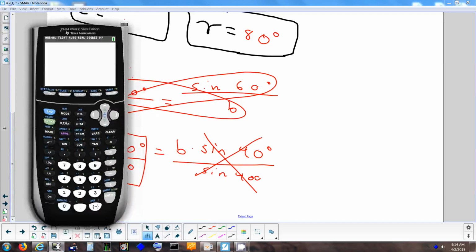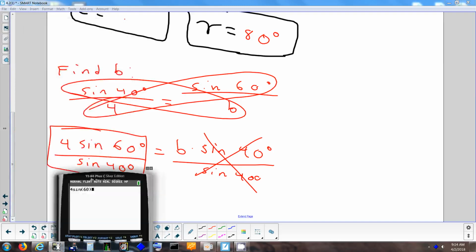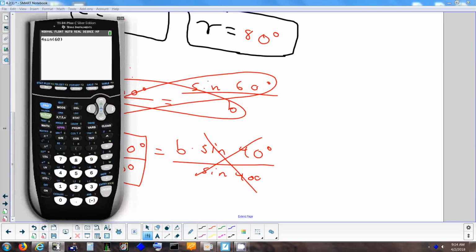Okay, so we got 4 sine 60. Notice my calculator automatically opens a parenthesis. You're going to have to be careful. So if your calculator does that, you're going to have to put in the appropriate closing parenthesis. So 4 sine 60. I have to close it because now I'm done with the top. Divided by sine 40.